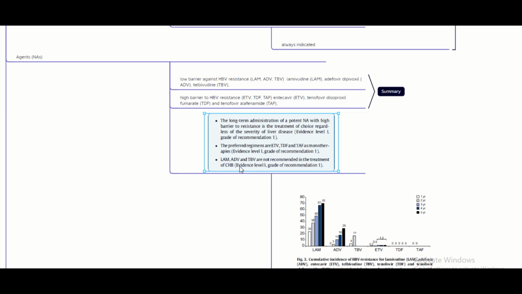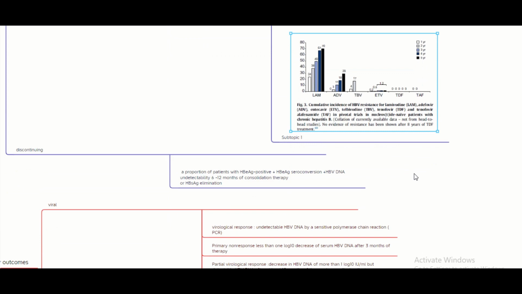Later we will see the difference between variant number 1 and variant number 2. Nowadays, the low barrier drugs are not recommended, but they can still be used if the patient has been using these drugs for a long time, especially if our patient has been having hepatitis for the last few years.